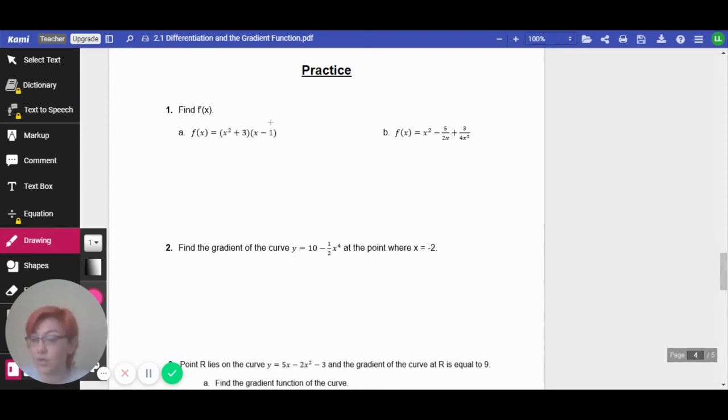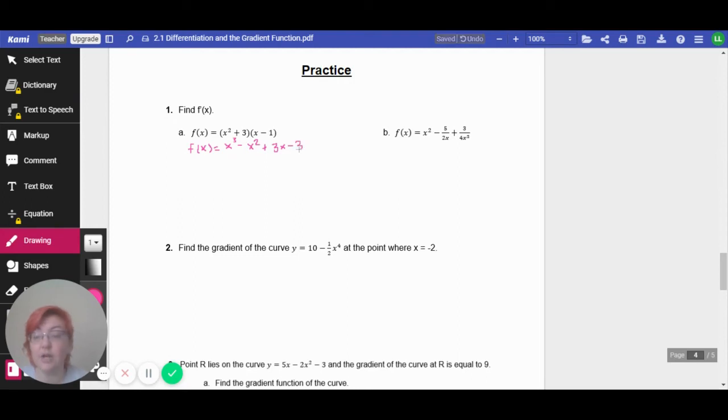So here, again, we're going to FOIL through and find that f of x equals x squared times x is x cubed, minus x squared, inner plus 3x, and last minus 3.